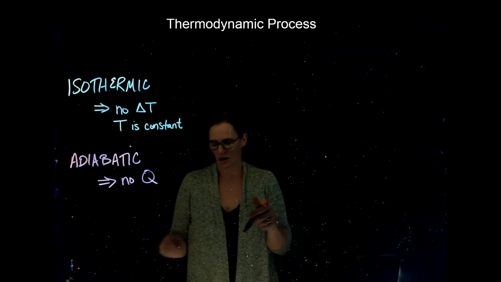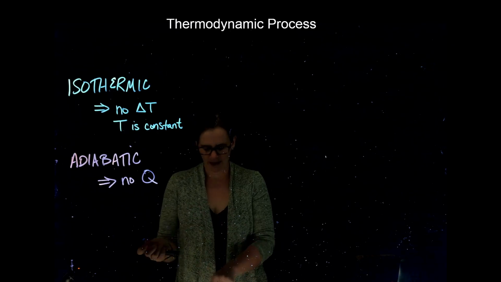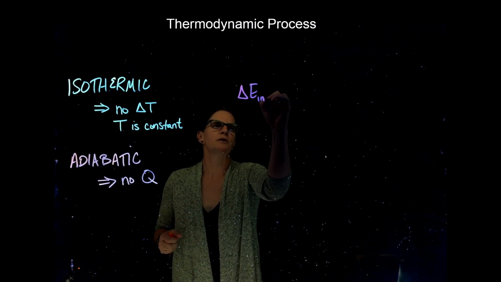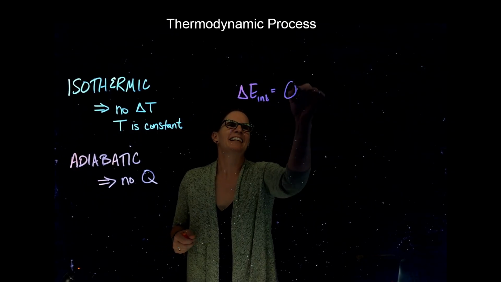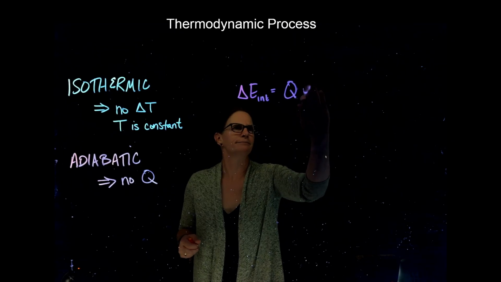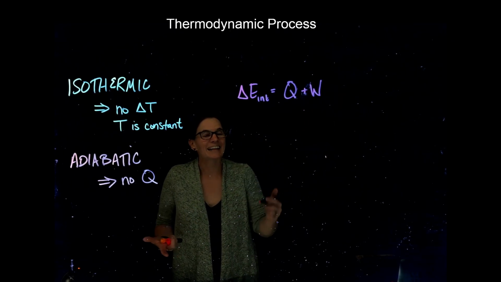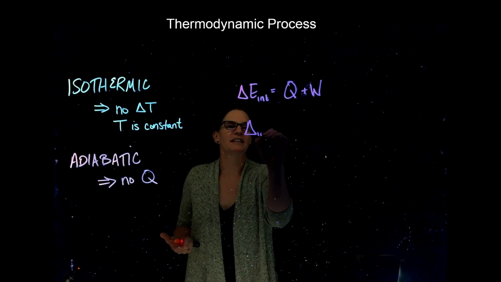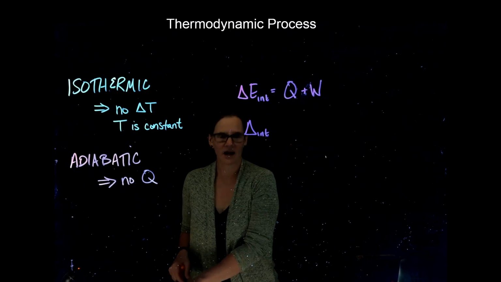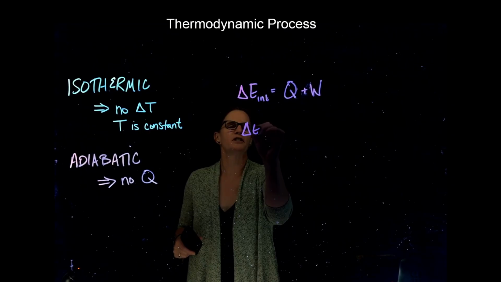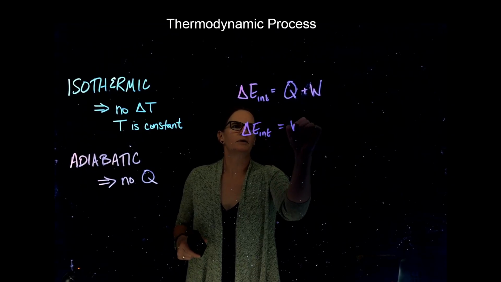Let's go back to our first law of thermodynamics, where my change in internal energy is equal to heat plus the work done. So if no heat is added, then my change in internal energy is equal to the work.